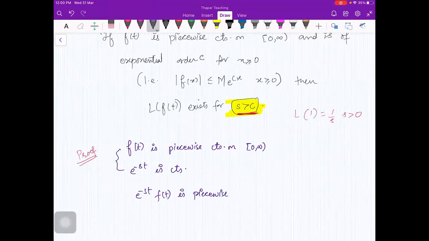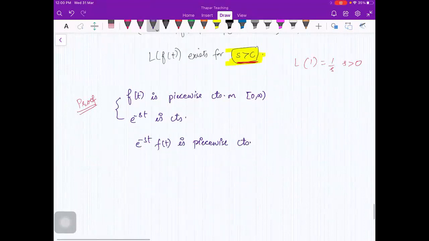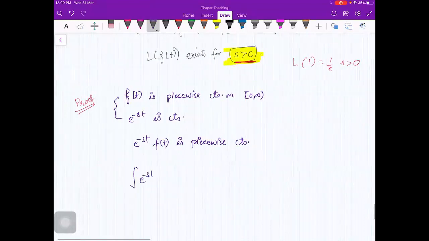If I multiply a piecewise continuous with a continuous function, obviously I'll get a piecewise continuous function. So integral करने में कोई problem नहीं आएगी. Because every piecewise continuous function is integrable, right? So there is no problem in integration. The only problem is that at infinity, it may become infinity, right?